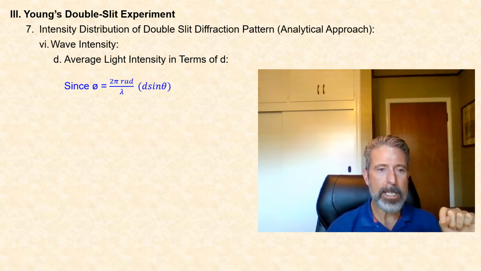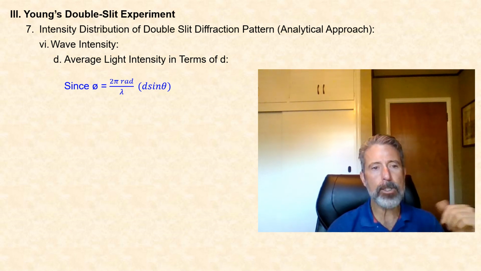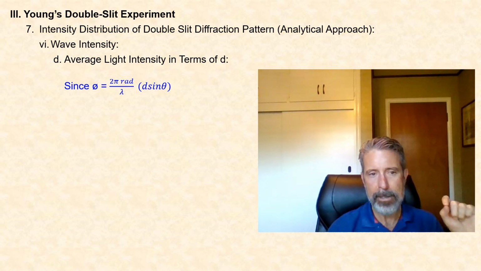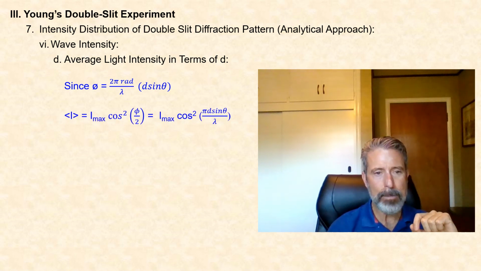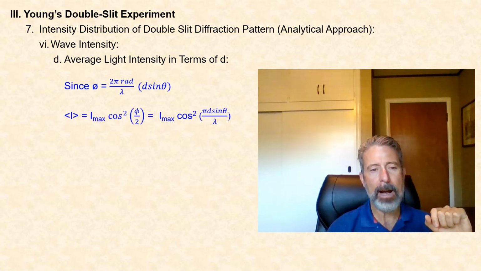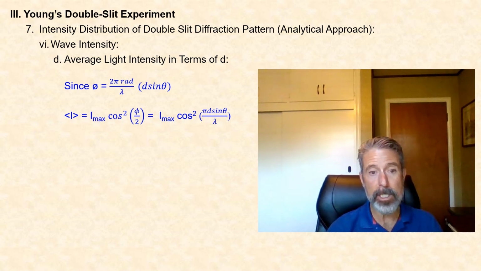To do that, we will use the fact that we showed a few slides ago, which converts a phase difference into a path length difference. We can now substitute that into our expression for average light intensity. We substitute in for phi this path length difference, 2 pi over lambda times d sine theta.